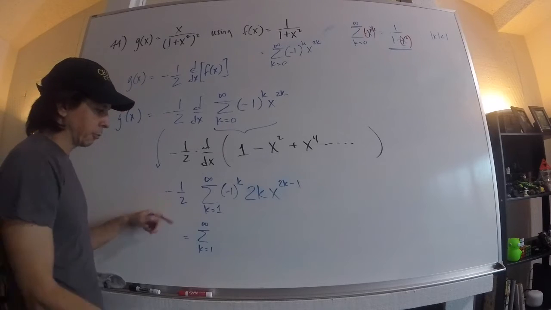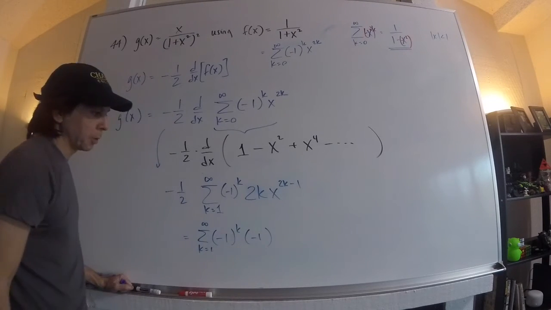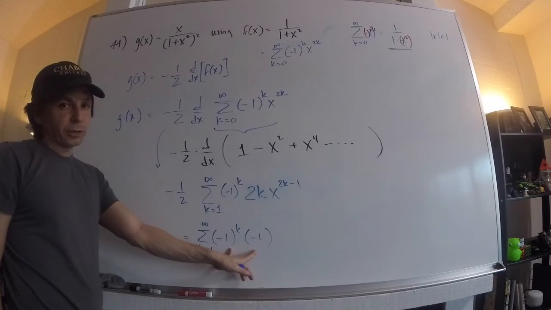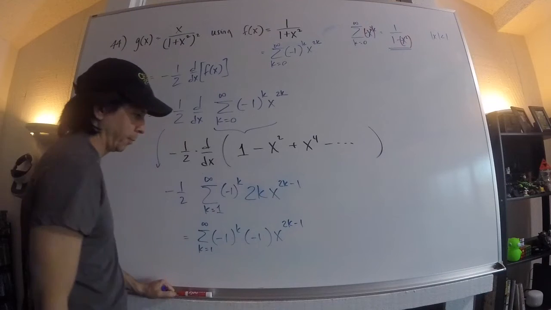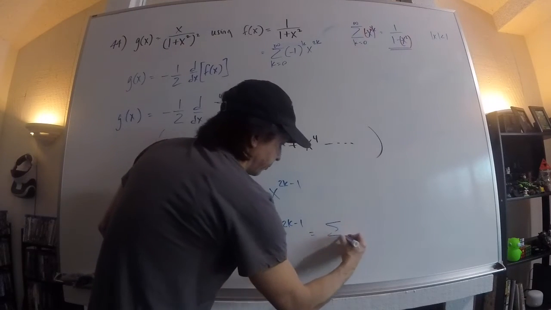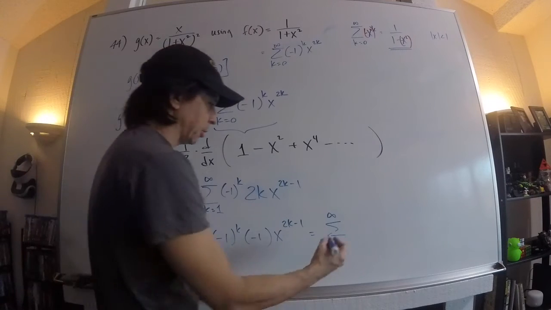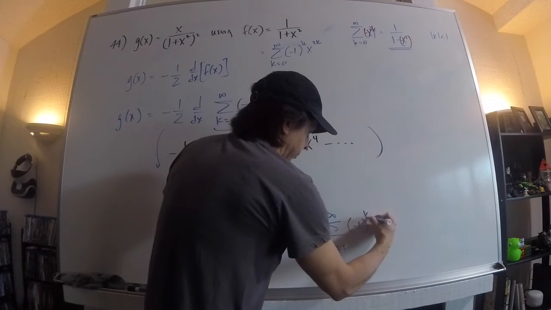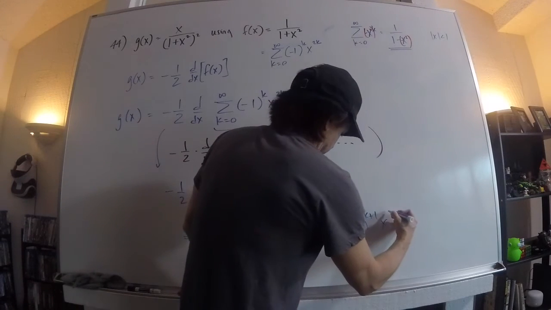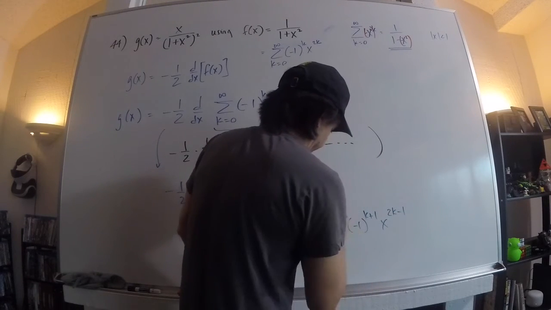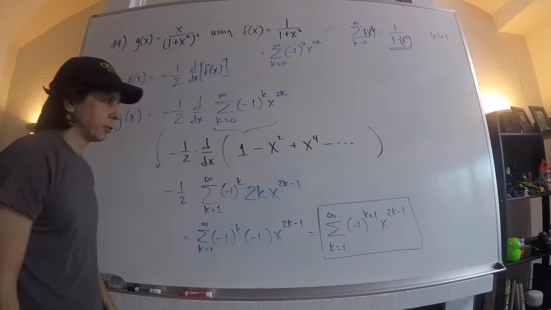I'll have a negative 1 left over when I multiply those. And I can now combine these negative 1's. So my final answer will be negative 1 to the k plus 1, x to the 2k minus 1. And that's it. That's how you have to work it out.